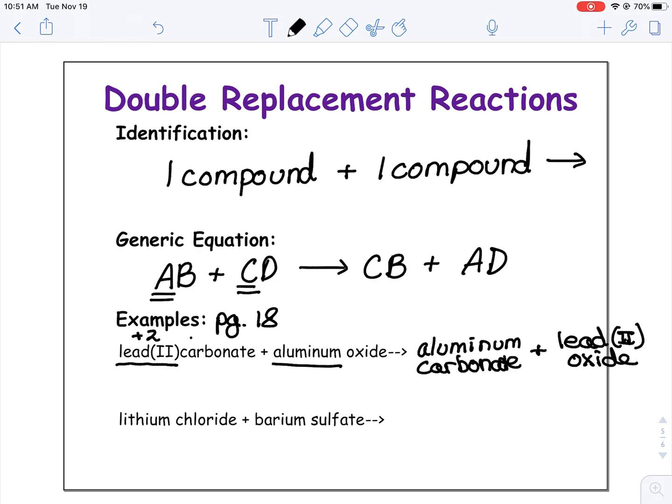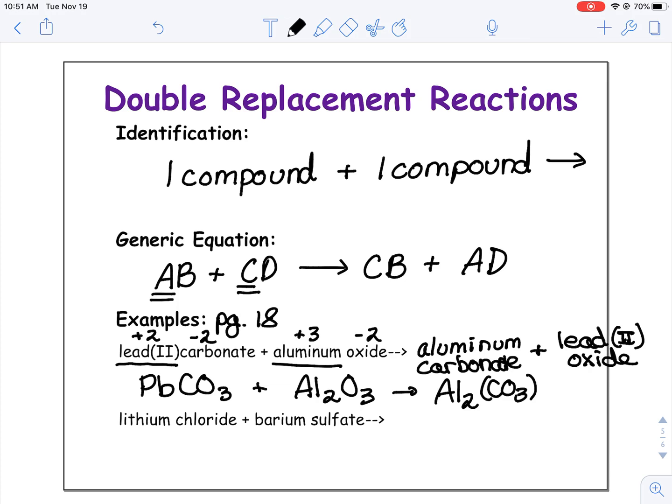Lead has a +2 charge. Carbonate from the back of your table has a -2 charge. Aluminum has a +3 charge. Oxide ion is -2. Whatever charges they have in the reactants, they're going to have the same charges in the products. So this formula is going to be PbCO3 plus Al2(CO3)3.